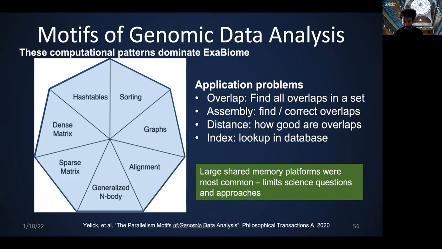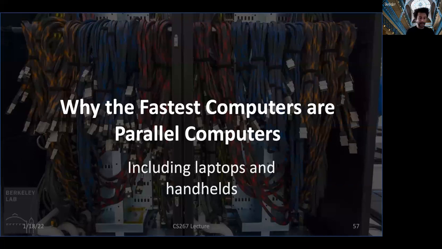Okay, we're in a good place now. So the old version of the slide said why the fastest computers are parallel. And we already talked about this. Remember the Bill Dally quote, that parallelism is the only way to get performance in a sustainable way.